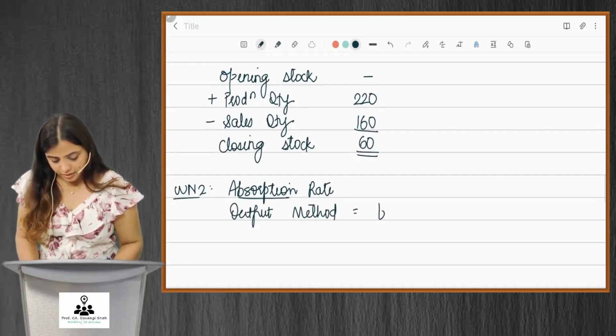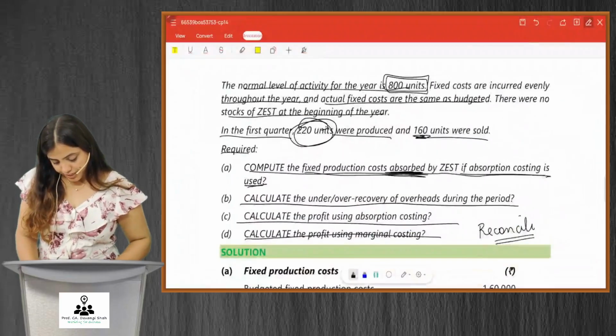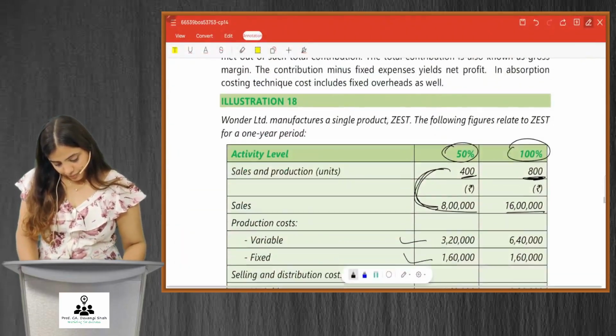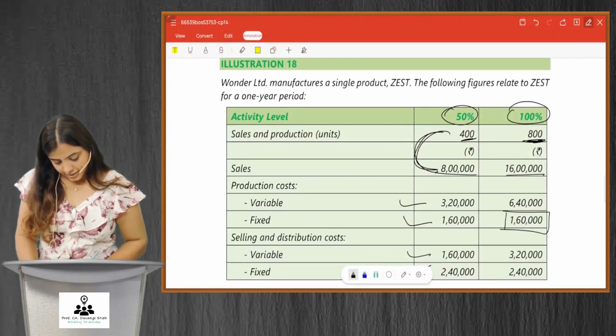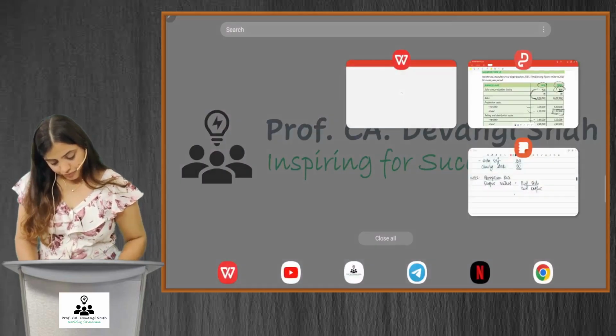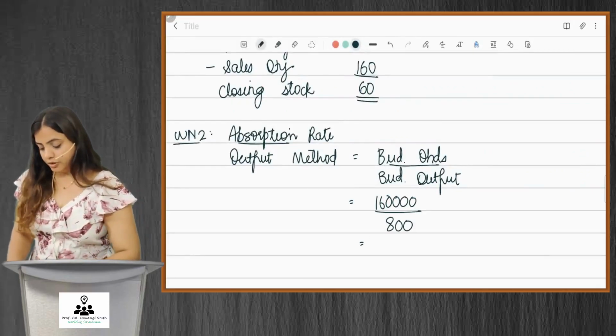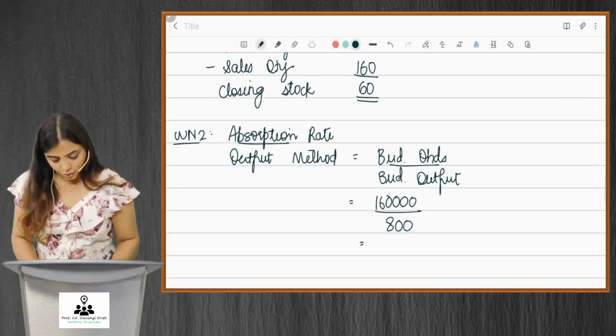That is budgeted overheads upon budgeted output. Budgeted production overheads will be how much? 1,60,000 and 800 is the normal level as they have mentioned. So 1,60,000 divided by 800 units, your absorption rate is 200 per unit.